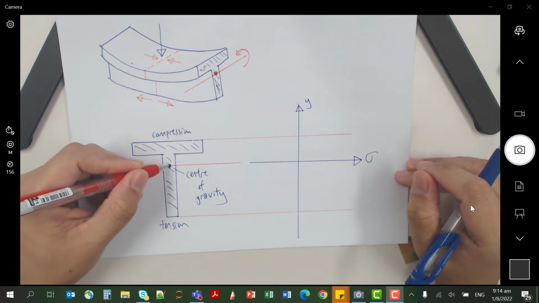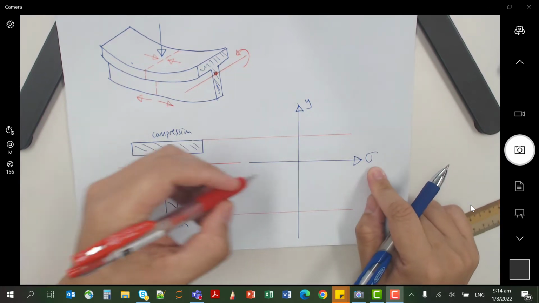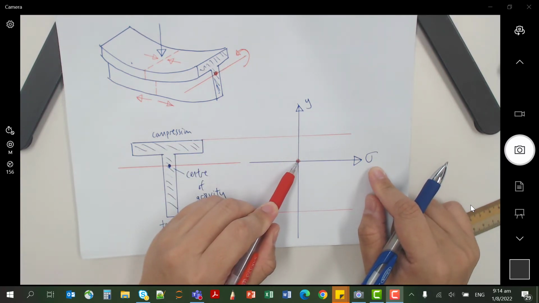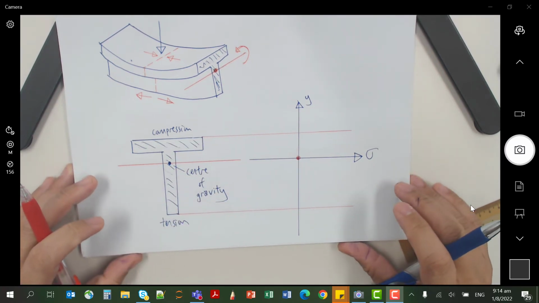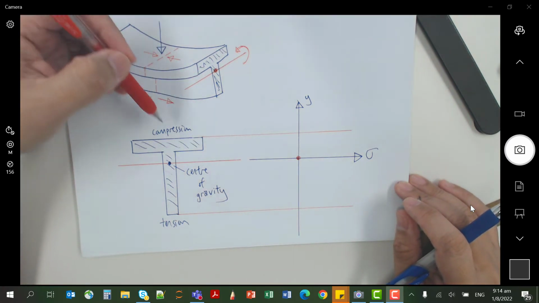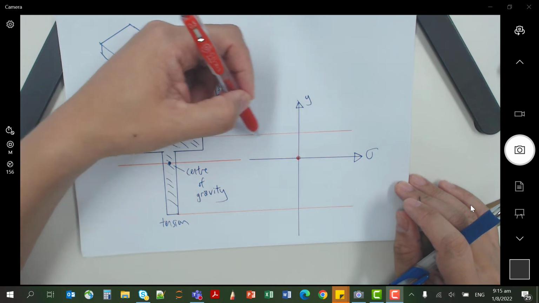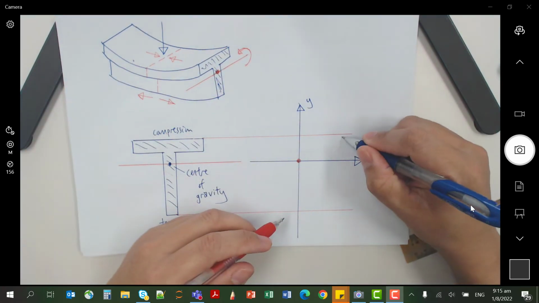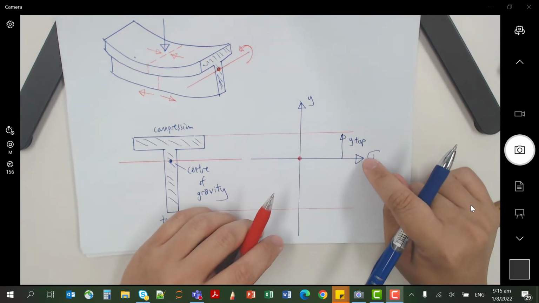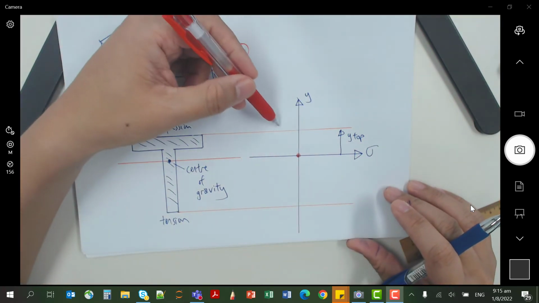Straight away we know that at the center of gravity the stress will be 0. So this is the first point that you can plot. It will always cut here. Second, compression. At the top I'm having compression, so at this y value here, y top, the sigma will be negative.